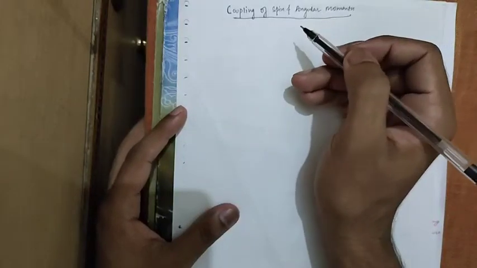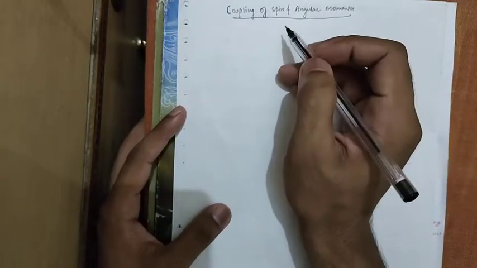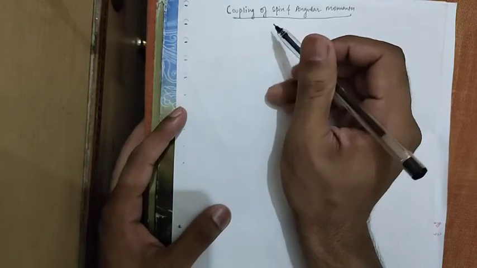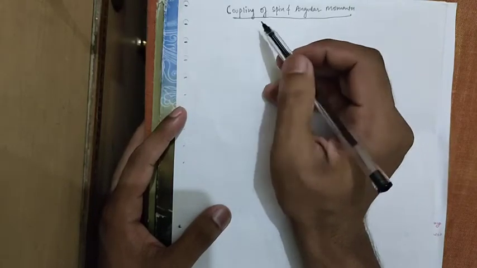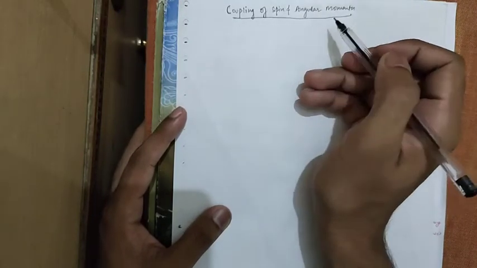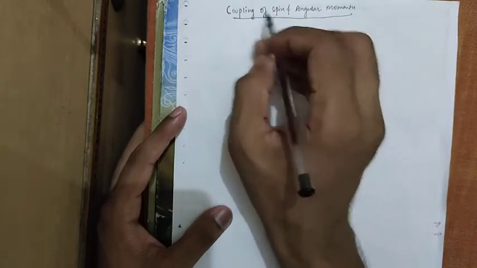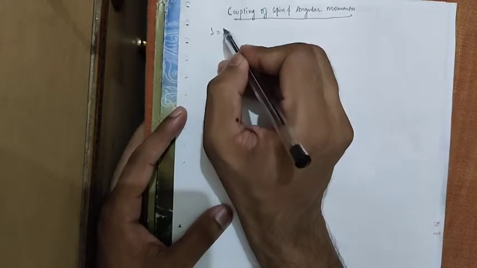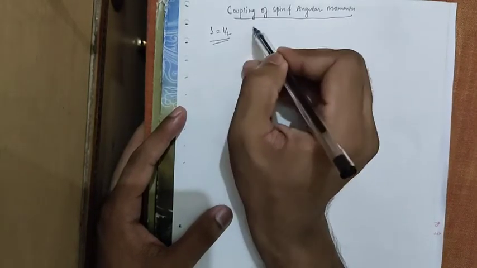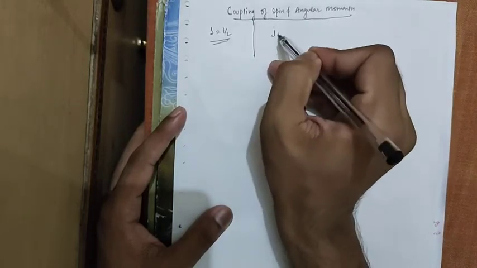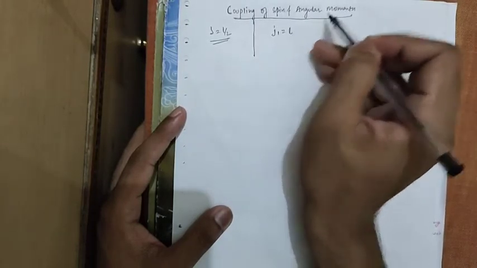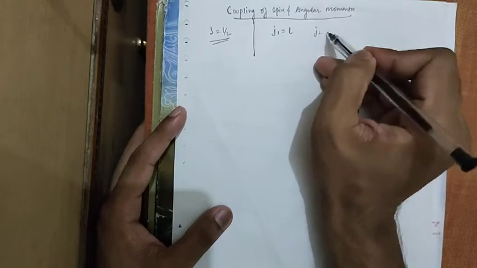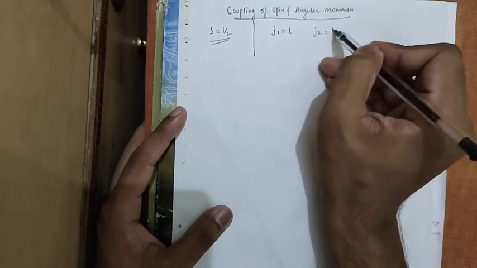Hello viewers, today we will discuss a very important application of addition of angular momentum, which is when we add spin angular momentum with the orbital angular momentum. Let's say spin of s is half, then for the addition, j1 is the orbital angular momentum L, and j2 is half.